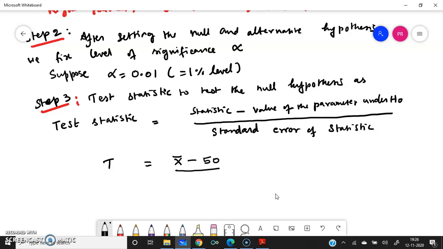Here we have fixed the level as 1%, that is 100 minus 1, a 99% confidence level. And the standard error is nothing but sigma by root n. As the size of the sample increases, sigma by root n will decrease.